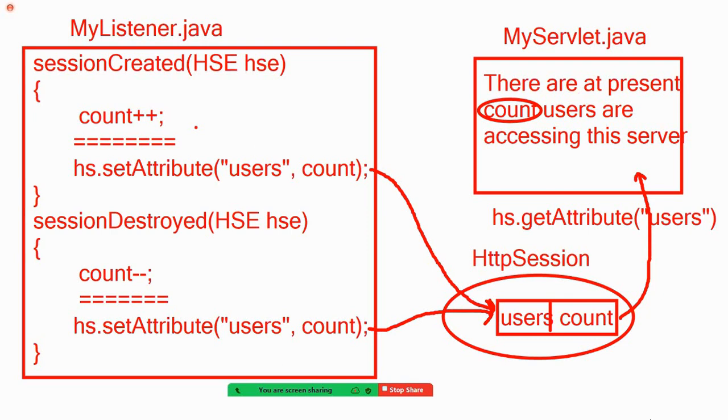Again, one more session request. But by default, when is the session vanished? After 30 minutes. After 30 minutes, automatically logged out, no? Then count minus minus is executed. Otherwise, I'll set a time interval of 1 minute or 2 minutes. After 2 minutes, it automatically vanishes, no? Then count minus minus is called. Then you'll get the exact latest count. Okay. See.